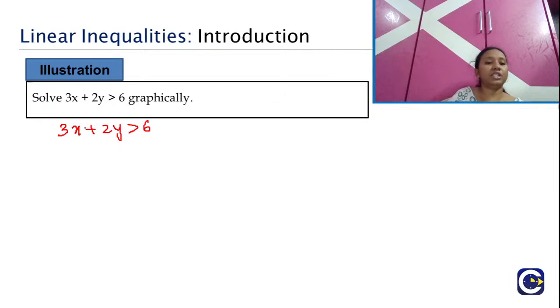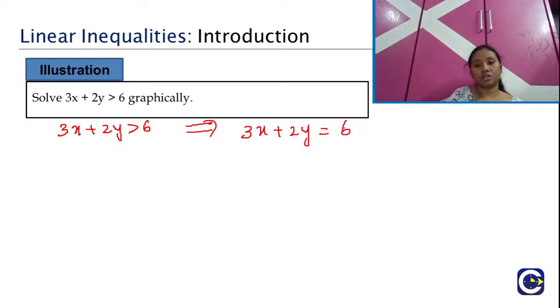So here the given inequality is nothing but 3x plus 2y greater than 6. What is our first step to get the graphical solution? We'll consider that to be an equation, so that will be 3x plus 2y is equal to 6. Once we have a linear equation in two variables, we are very familiar with plotting its graph.